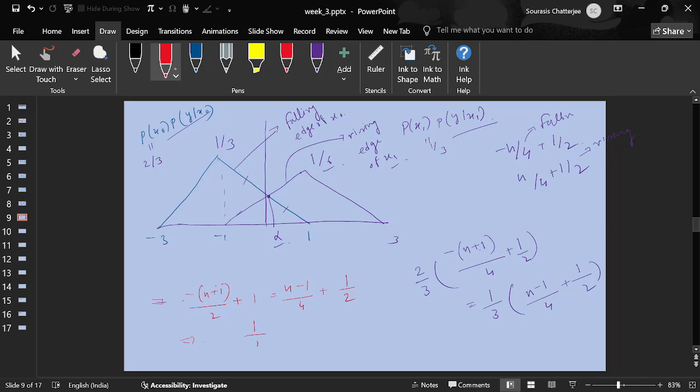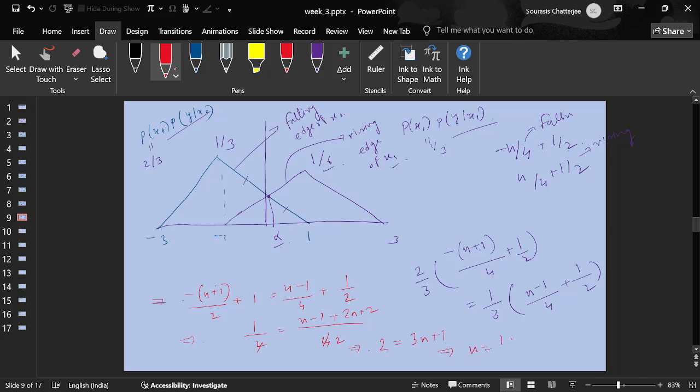So on this side I have half, on this side I have 4(n minus 1) plus 2n plus 2. This is 2 here, is equal to 3n plus 1.